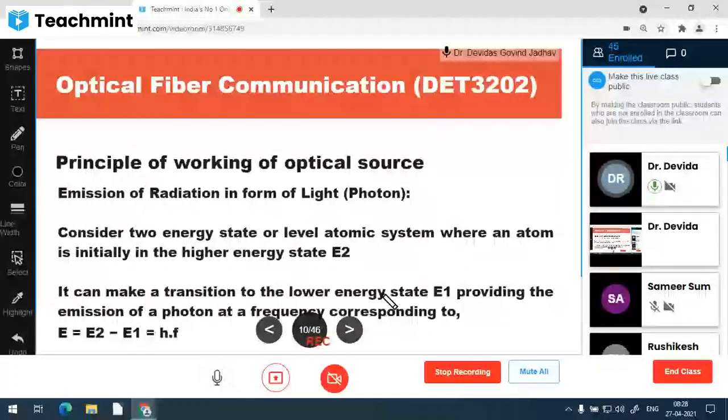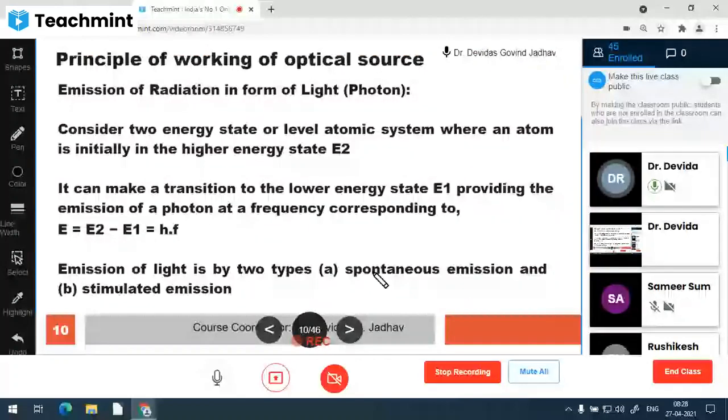Similarly, in the principle of working of source, the emission of radiation of light or photon. We again consider a two energy level atomic structure. Now the atom is in the higher energy state instead of lower. The outermost orbit electron is in free state, conduction state, having the conduction energy. This atom can make a transition from higher to lower energy state, from E2 to E1.